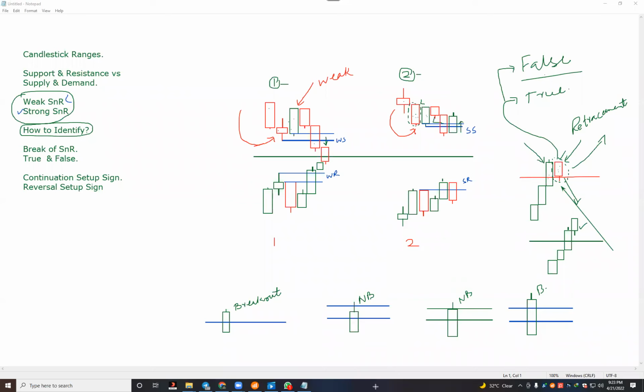Now, the next point. On the same thing, I'm going to draw another new setup here. For example, I'm talking about the strong setup, okay? This point is clear, I think, right? See here. The buyers enter, right?